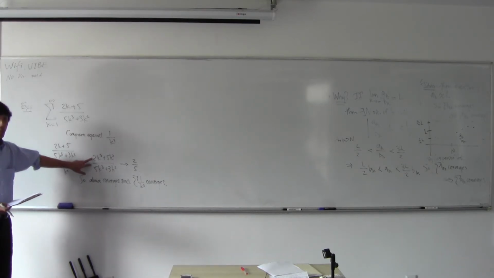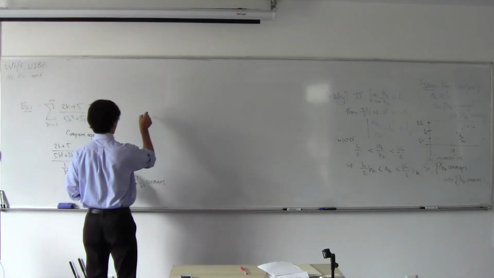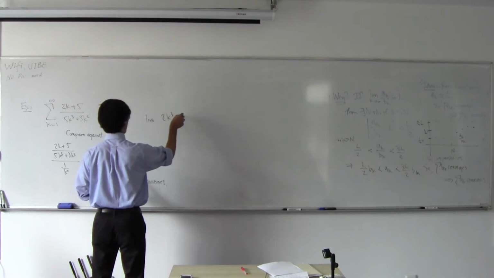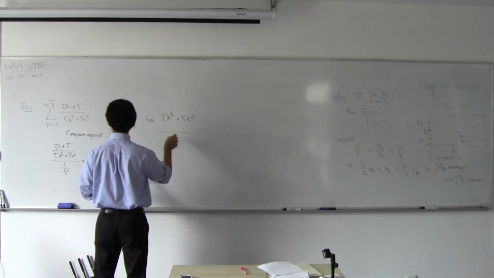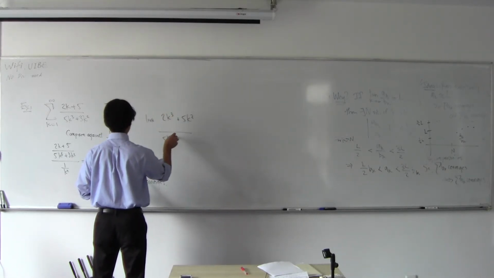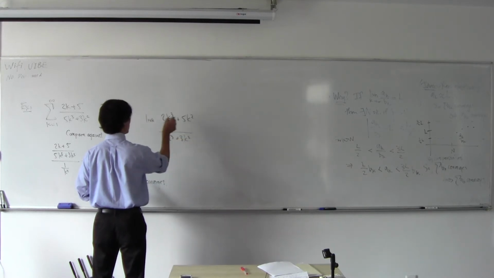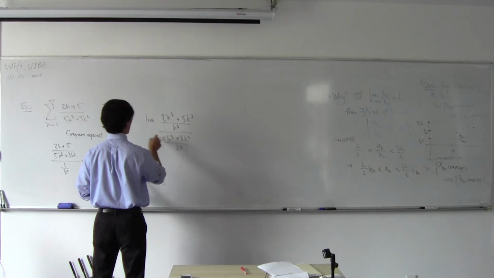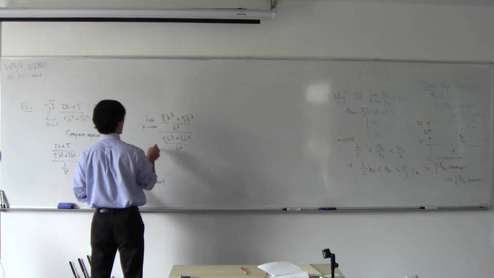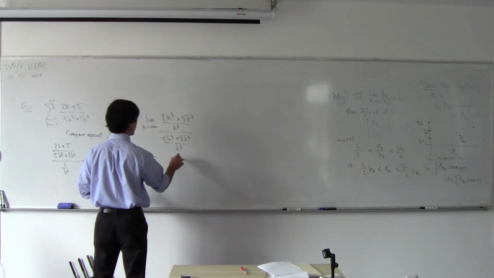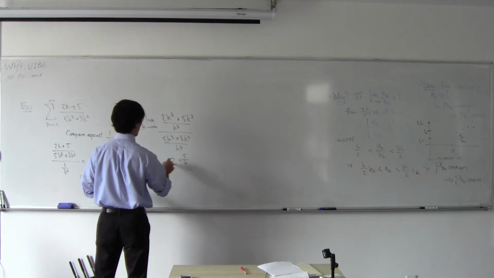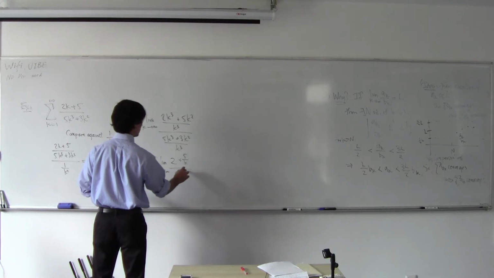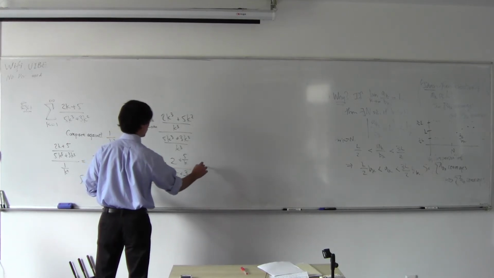Why is this 2 over 5? Well, if you take the limit of 2k cubed plus 5k squared over 5k cubed plus 3k squared, you could divide top and bottom by k cubed as k goes to infinity. You're going to get 2 plus 5 over k over 5 plus 3 over k, which goes to 2 over 5.